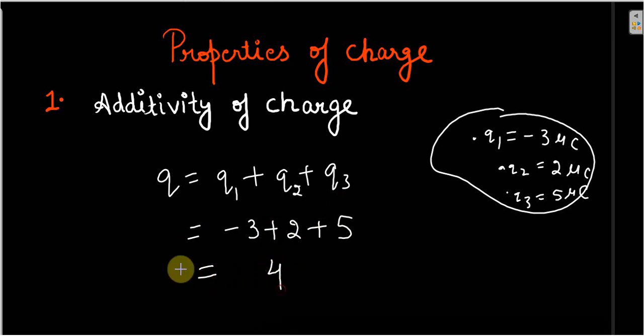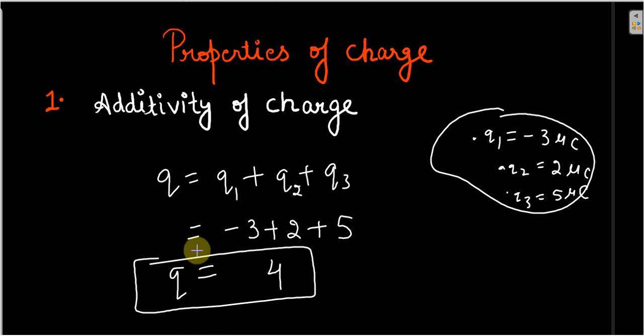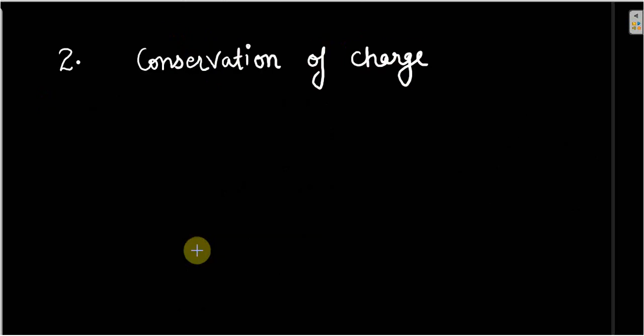So the total charge on the system is 4 microcoulomb. You can see here we added the charges algebraically. So charges follow the algebraic sum in different regions of the body. Next we will discuss the conservation of charge. The second property is conservation of charge.